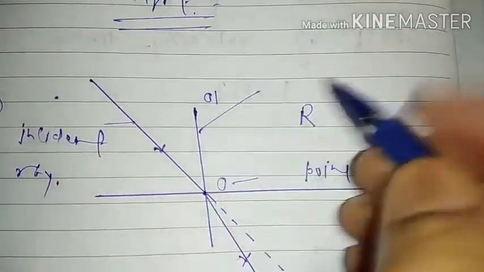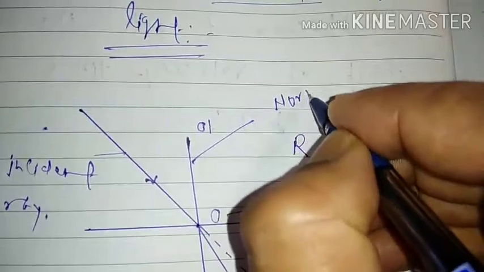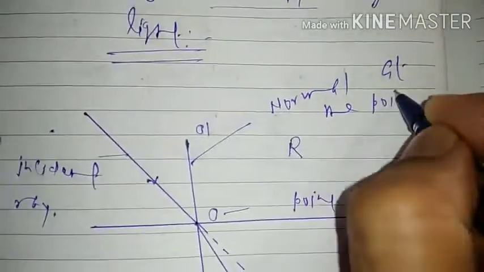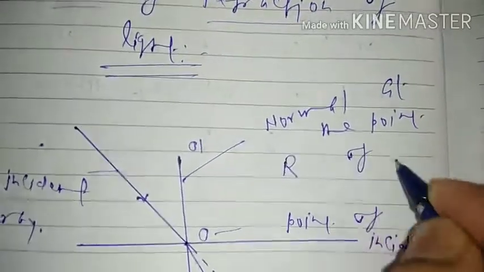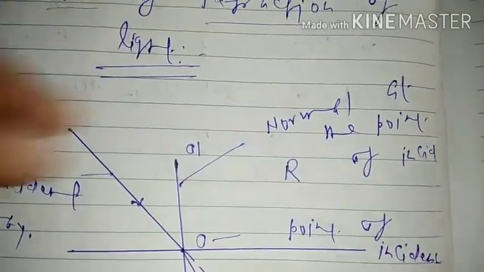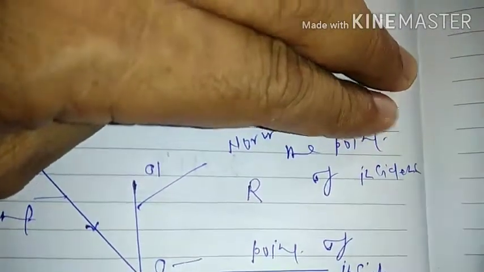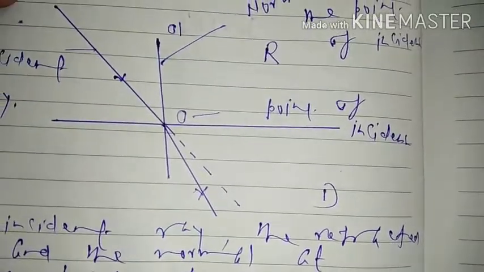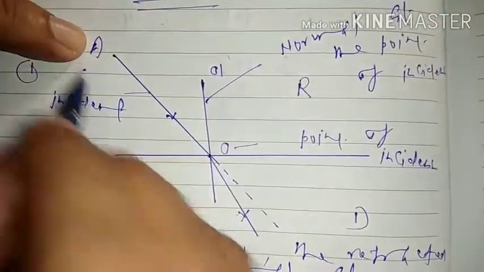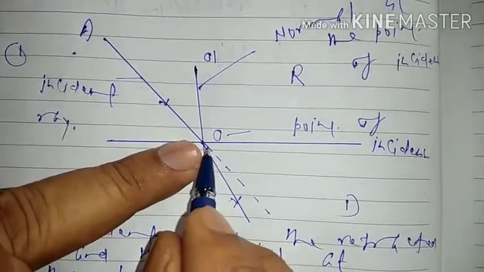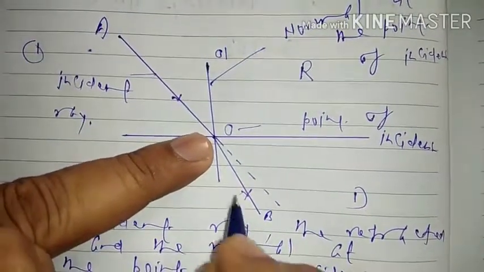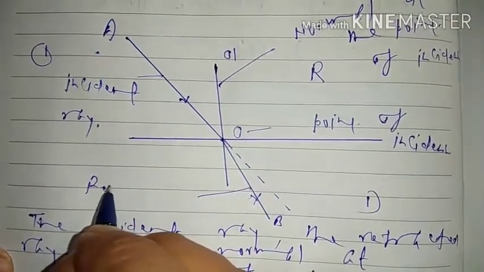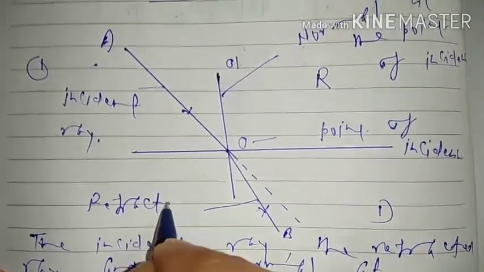So OO dash is normal at the point of incidence, and this ray here, suppose this is AO. So AO is incident ray and OB is refracted ray. This ray is refracted ray.